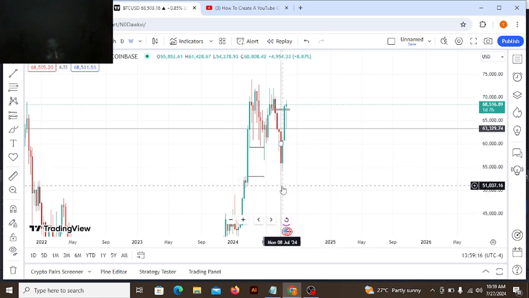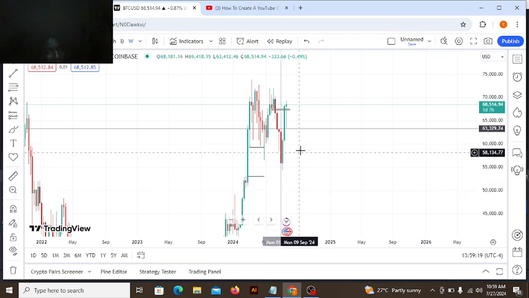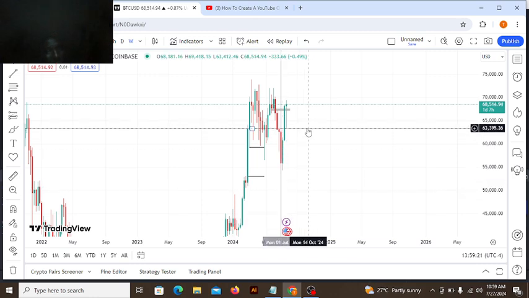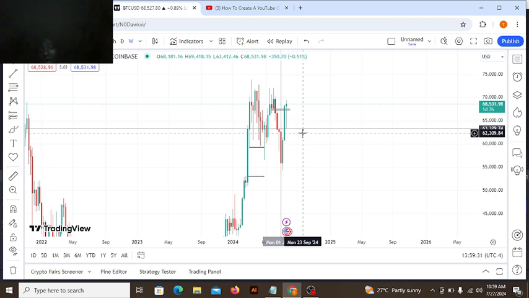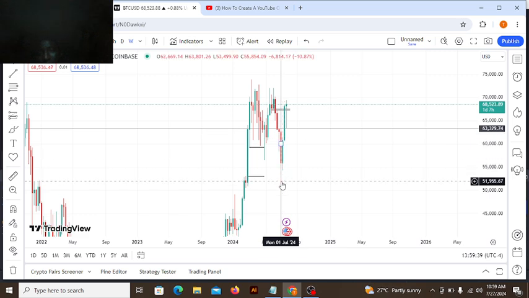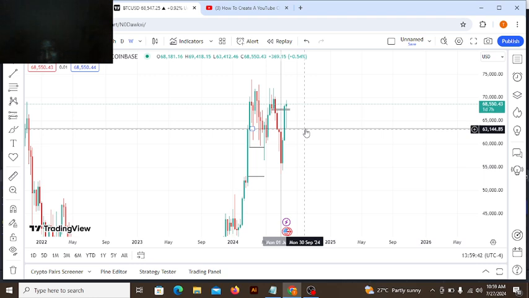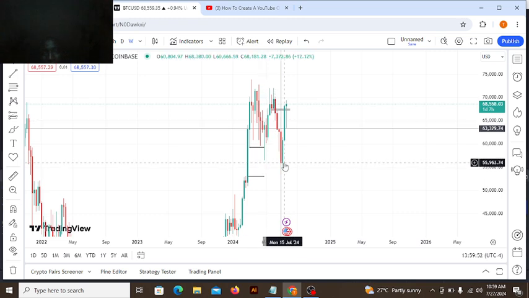We drew our vertical line on the 1st of July, and we put this horizontal line on the first 15-minute candle that appeared on the 1st of July, which is the red candle. The opening candle is there, so we drew it beneath it, and the market reached here.